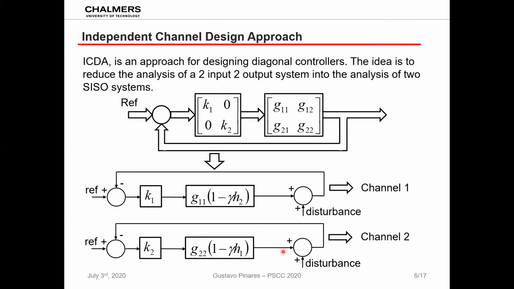This is where I thought the independent channel design approach could be of help. The main idea is that it allows you to reduce the analysis of a two input, two output system, with a diagonal controller, to these two single input, single output systems.